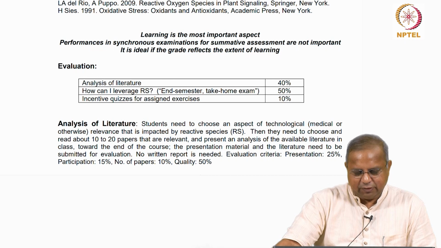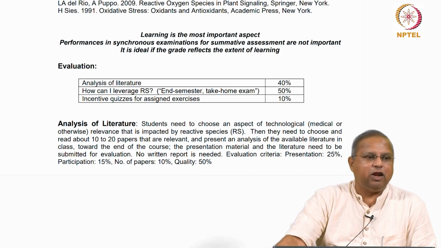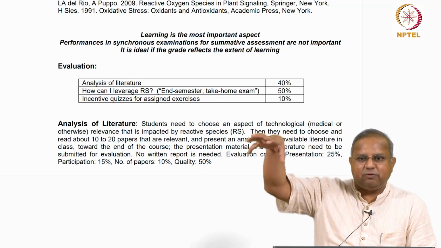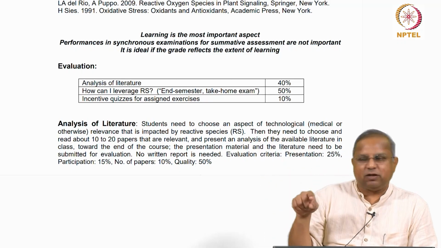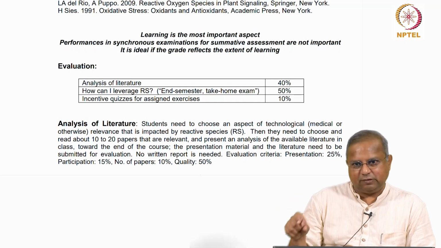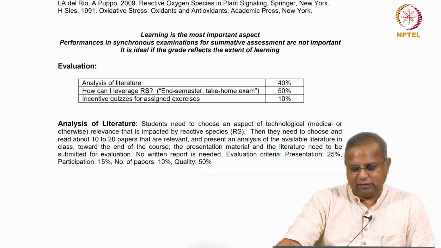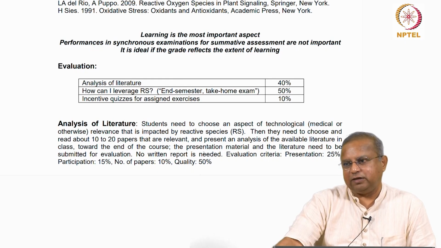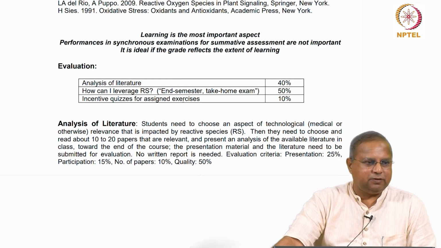And then number of papers, you need to have at least 10 non-review papers that will be counted. So, in the number of papers that you share with me, I will count the non-review papers, research papers towards this. That will carry 10%, and of course, the quality of work is most important. So, that will carry 50% of the weight for this particular exercise.